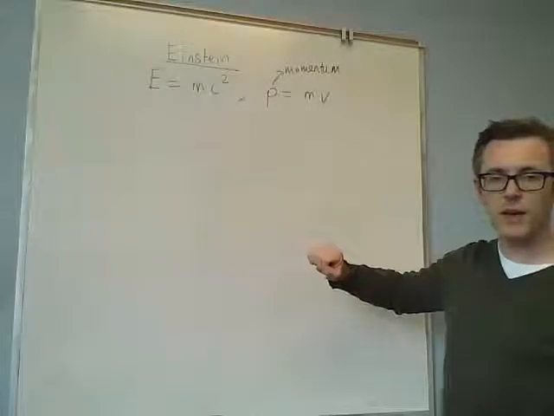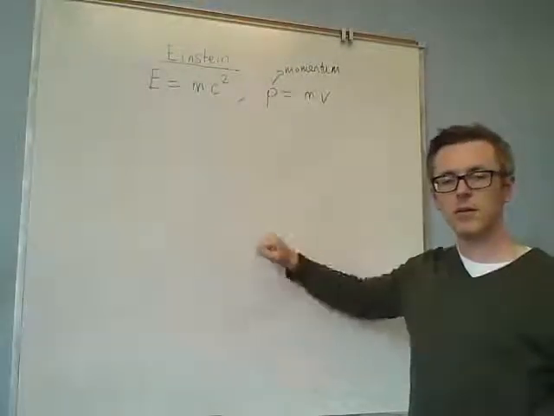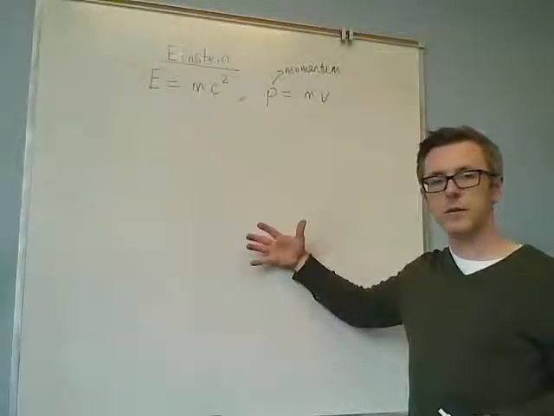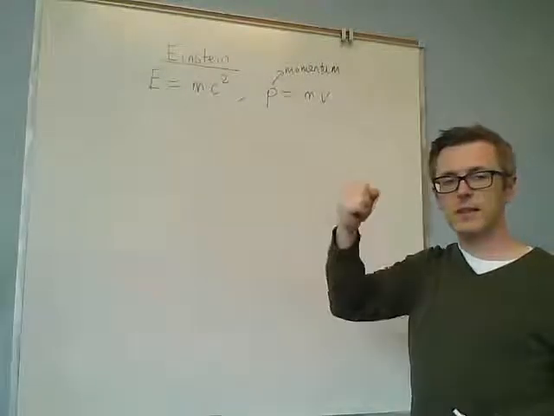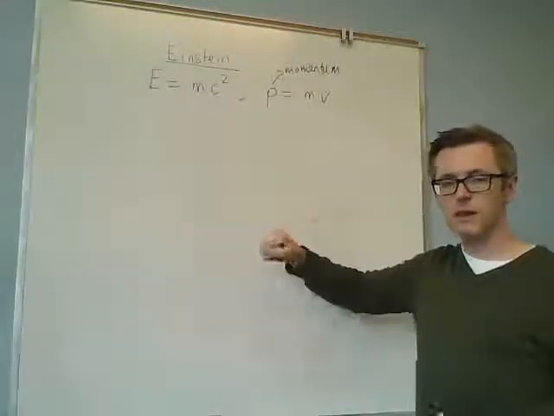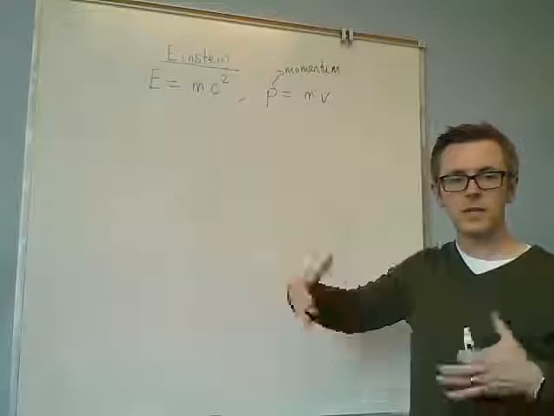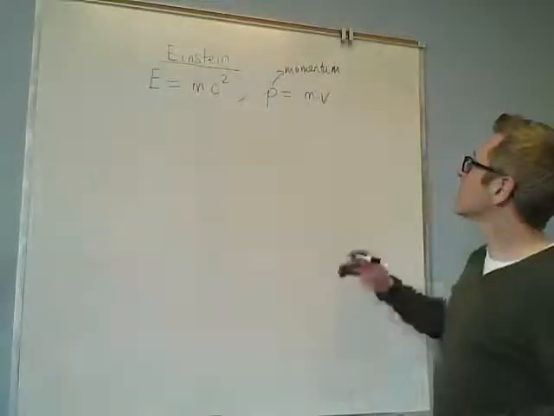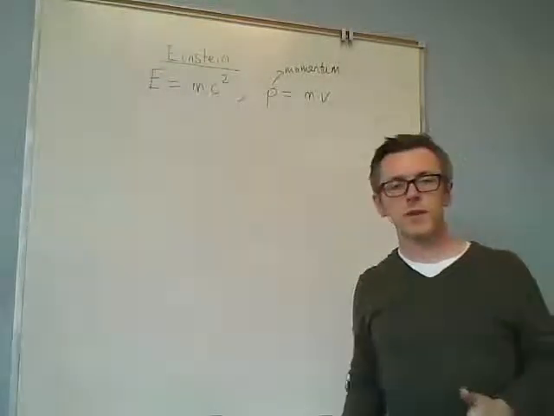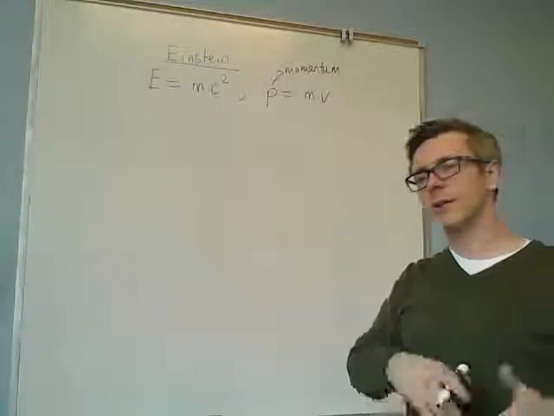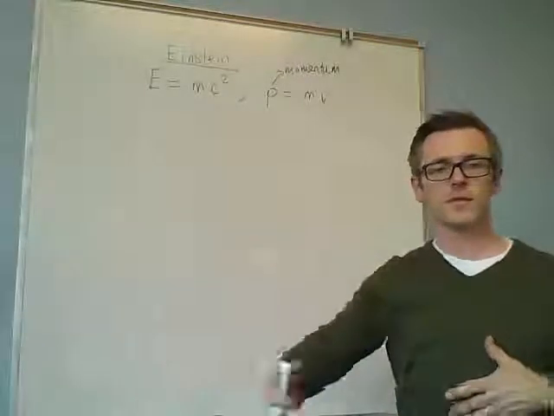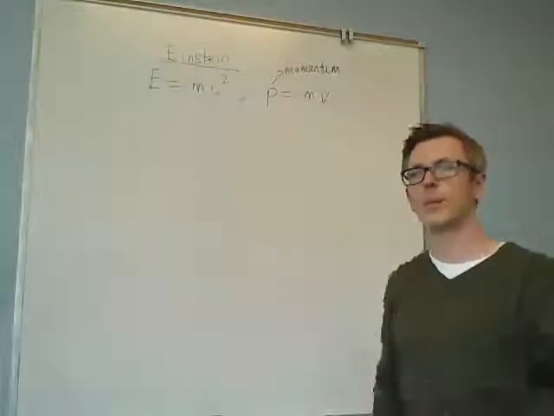For example, if I hit the board, the mass of my hand, I impart a momentum. If I take the same mass, but I increase the velocity, there's a larger momentum. So we've all experienced this, if you're playing tennis and you want the ball to move faster, you send the ball with more momentum.